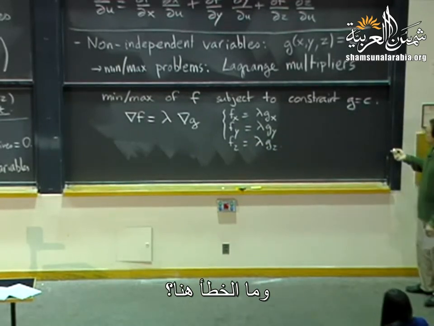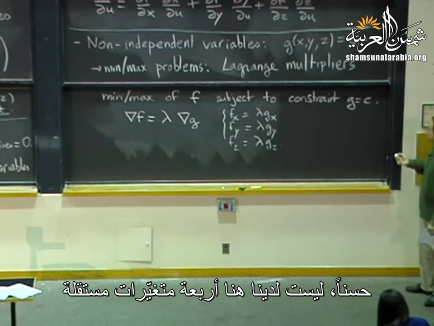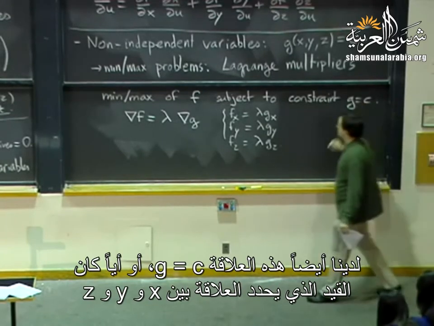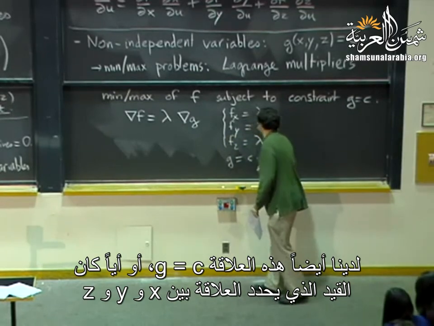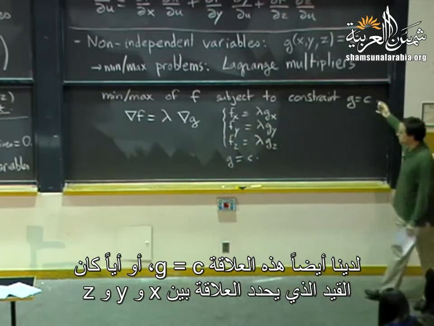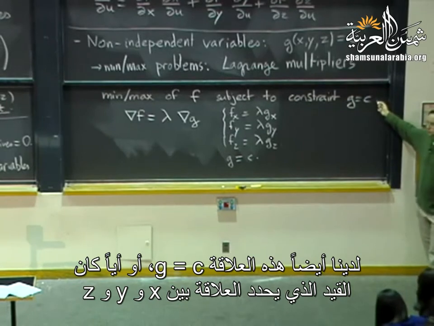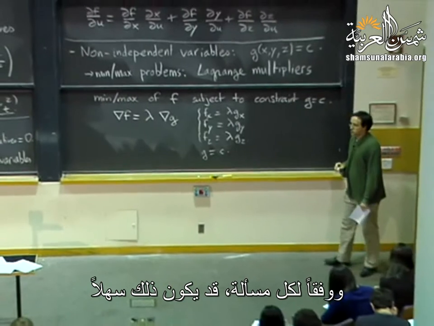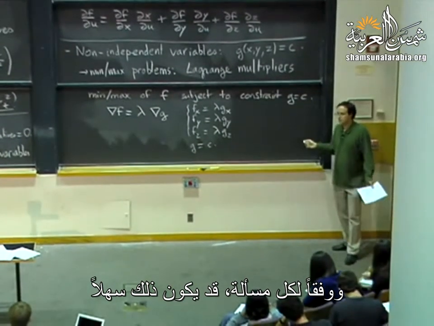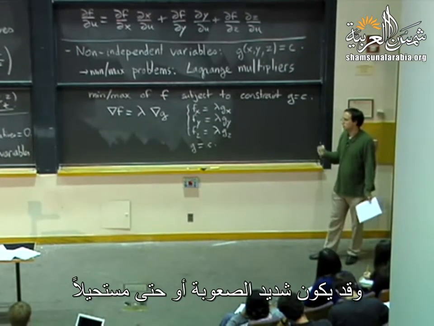What's wrong? Well, we don't have actually four independent variables. We also have this relation g equals whatever the constraint was, relating x, y, and z together. So then we can try to solve this, and depending on situations, it's sometimes easy and sometimes it's very hard or even impossible.